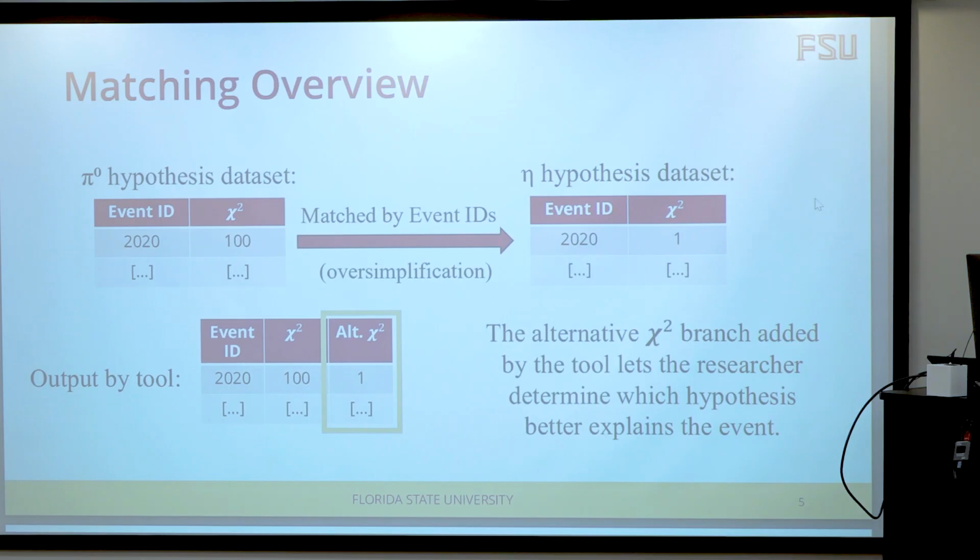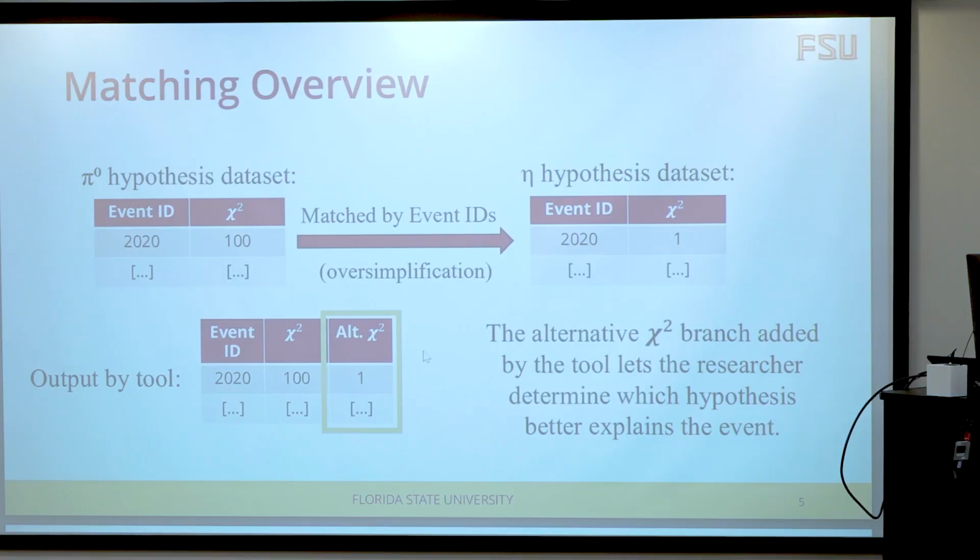In this case, it's the neutral pion hypothesis, and will then look through the alternative hypothesis, identify the chi-squared value for a matched event in the secondary hypothesis, and then copy the primary data set, and then append a new column, which is this one right here, containing the chi-squared value from our alternative hypothesis, which essentially just collates all of the data we have into a single place, which a physicist could then run through and perform an analysis on.